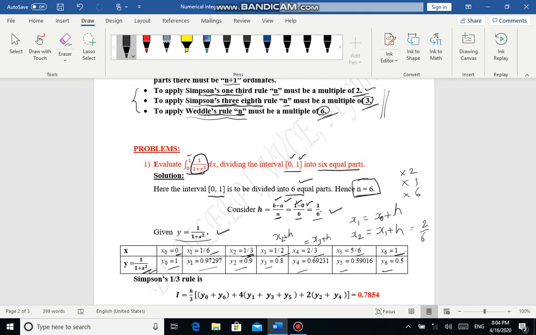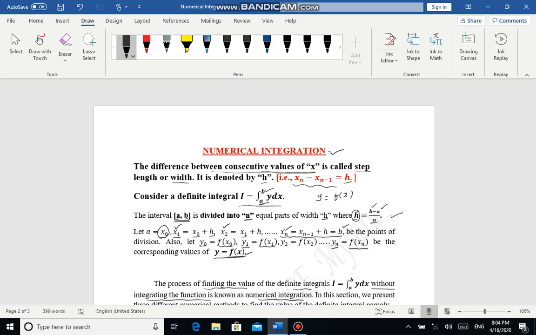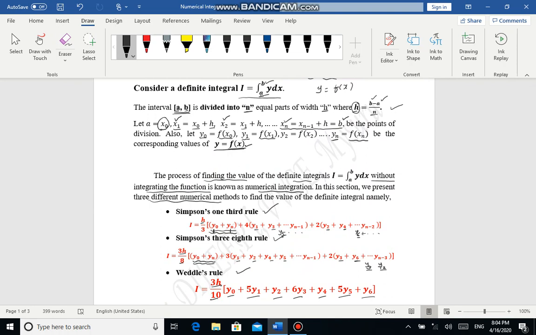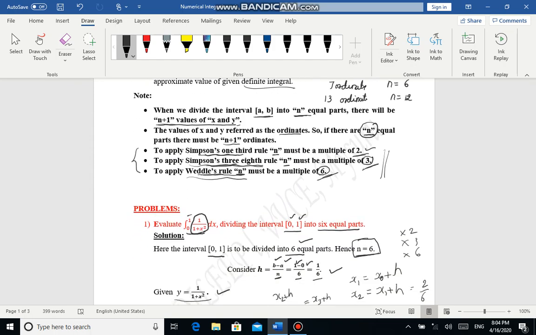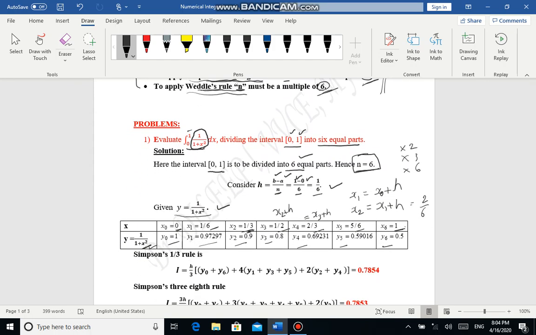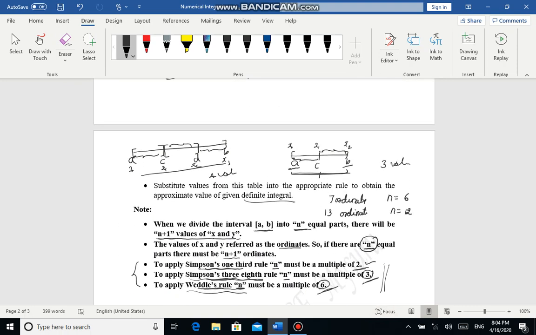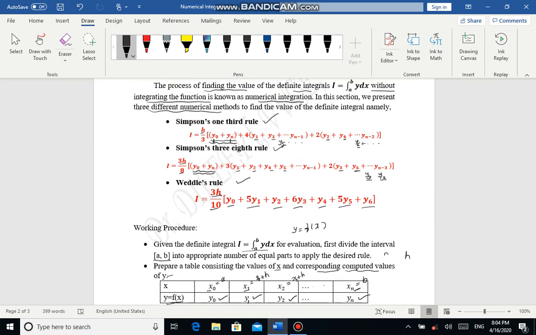First, consider Simpson's 1/3 rule. I told you in the last class, Simpson's 1/3 formula is y0 plus yn, where y0 is the initial value and yn is the final value. Here the last value of y is y6, so I consider that. Then 4 into the odd suffixes, y1, y3, y5, and so on.